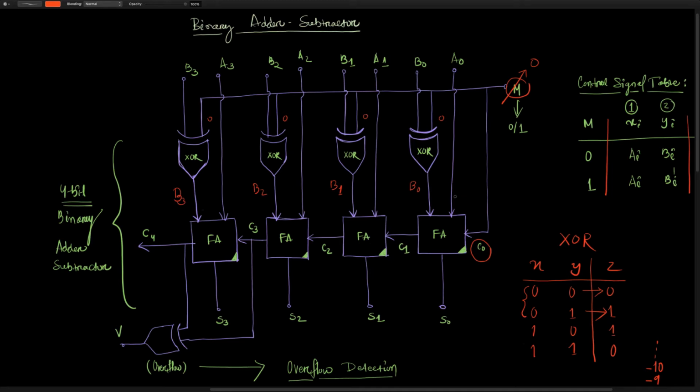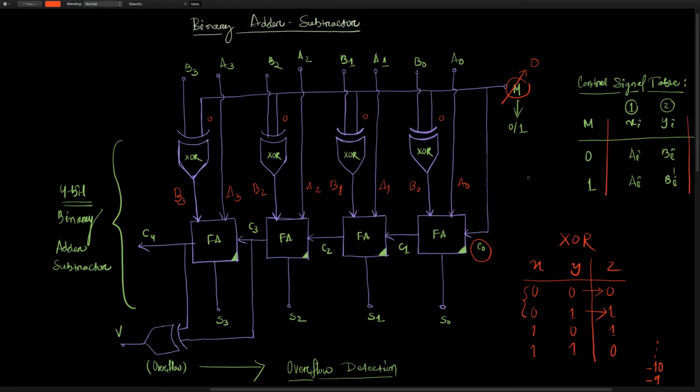Whereas the other input to the full adders is going to be A0, A1, A2 and A3. So the full adder is getting all the respective binary bits for addition, and it will give the summation result accordingly with a carry, if there is any carry.